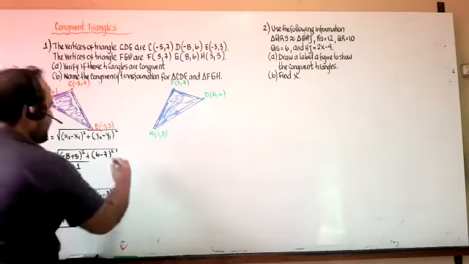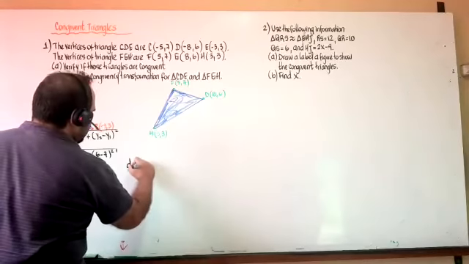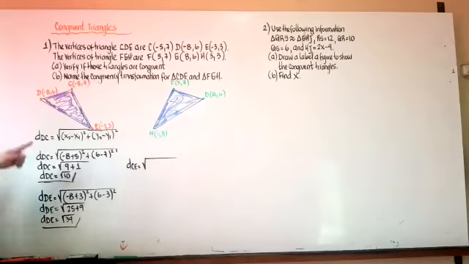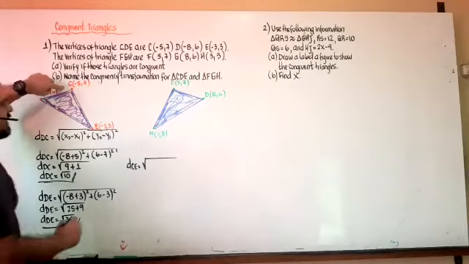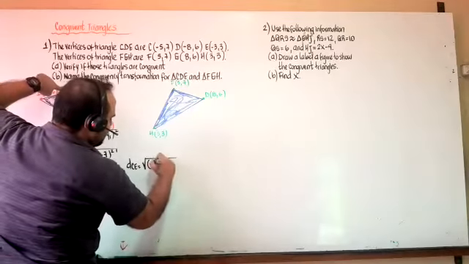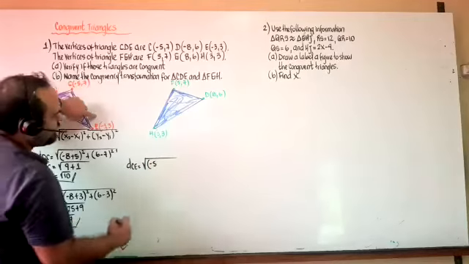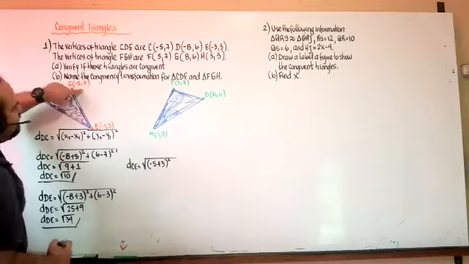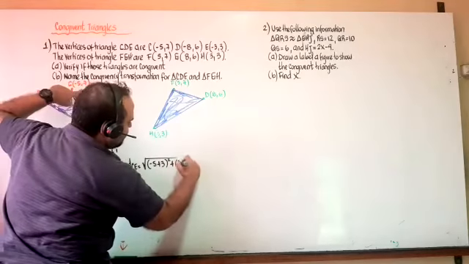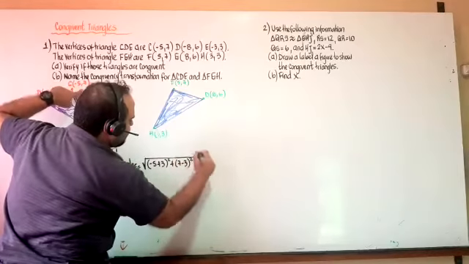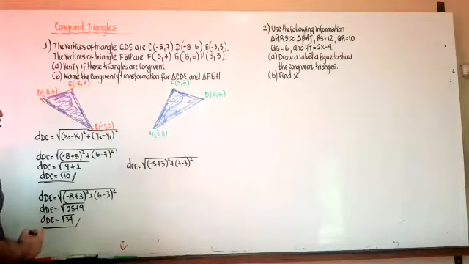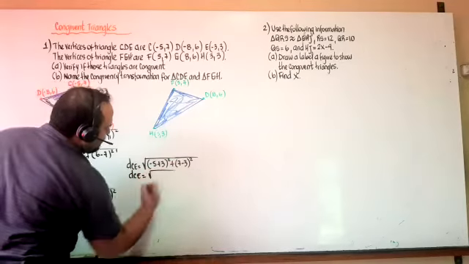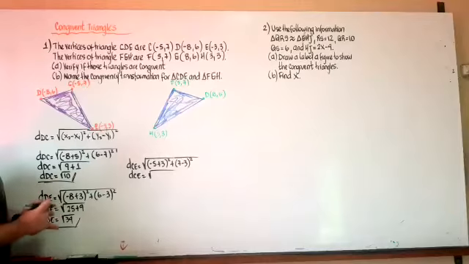Now we can calculate the distance CE using the same formula. CE: -5 minus negative 5, positive 3 at the second power, and plus 7 minus 3. So the distance will be given by -5 plus 3 is -2.